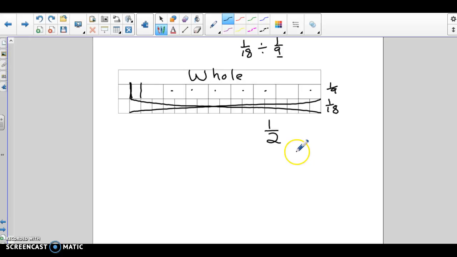And again, let's check your algorithm. So 1/18 divided by 1/9, or another way to say it, how many ninths are in 1/18? Well, you can predict in your head that it's not even going to be a whole ninth, because 1/9 is larger than an 18th.